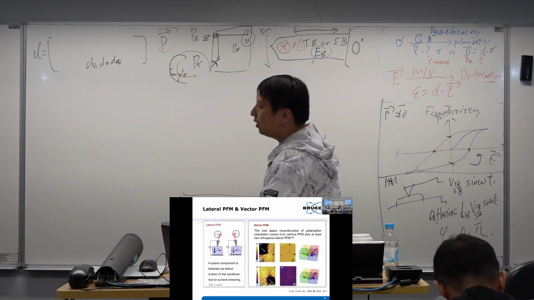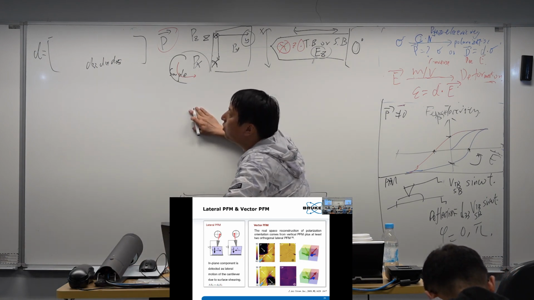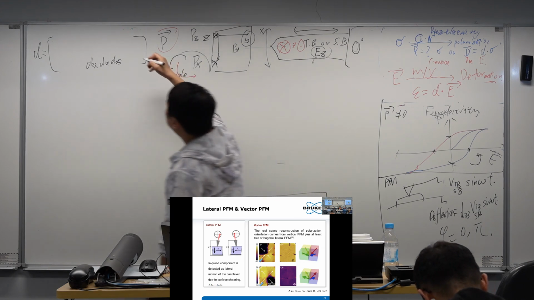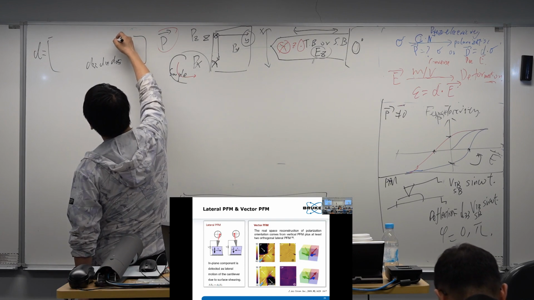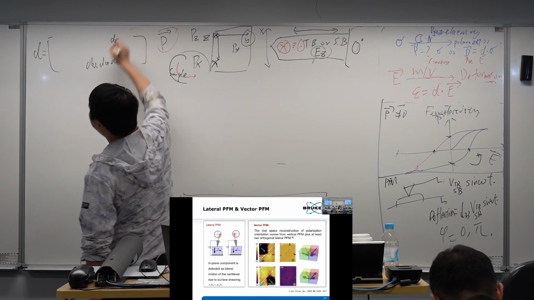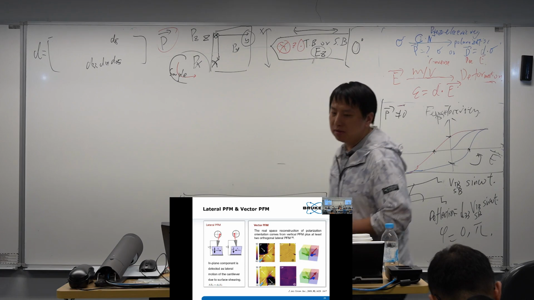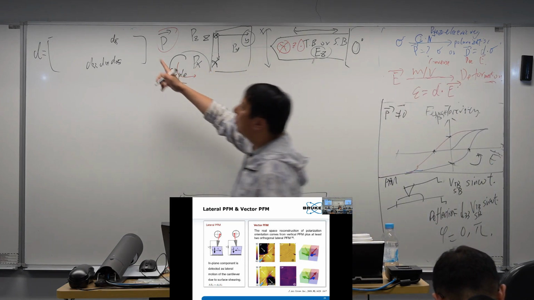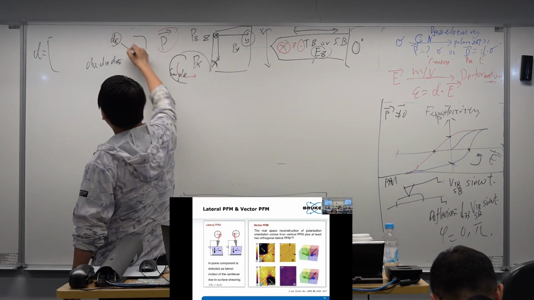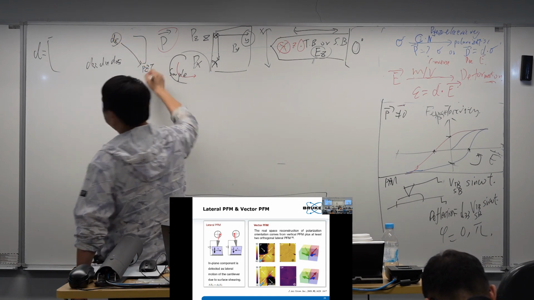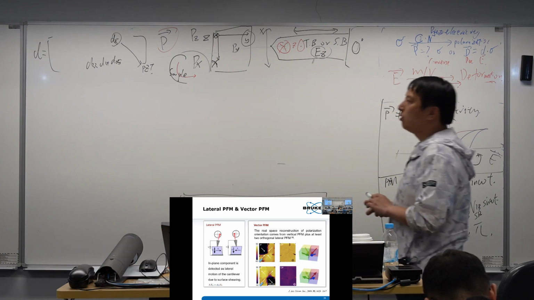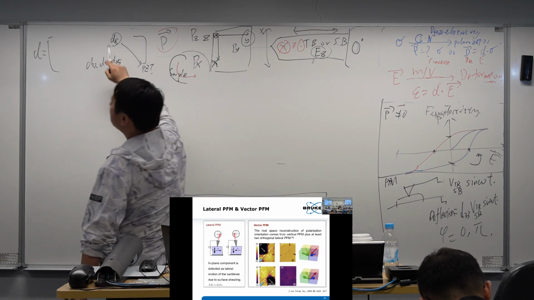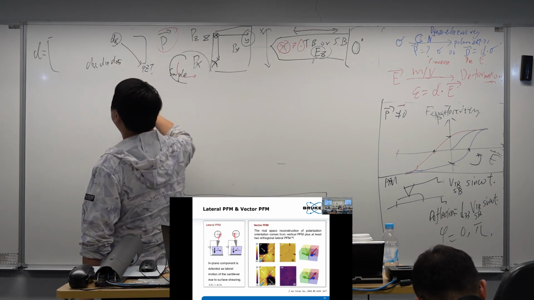And some users are interested in another component. For example, some researchers would like to use D15. D15 is important because it is an important component inside PZT. PZT's crystal structures have a significant D15. And so some researchers want to use D15.